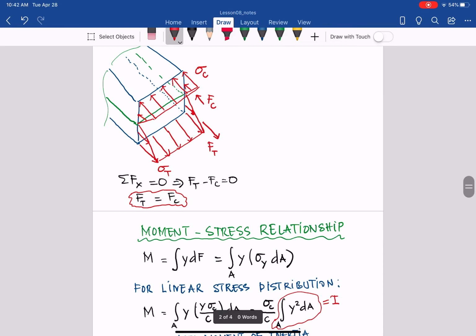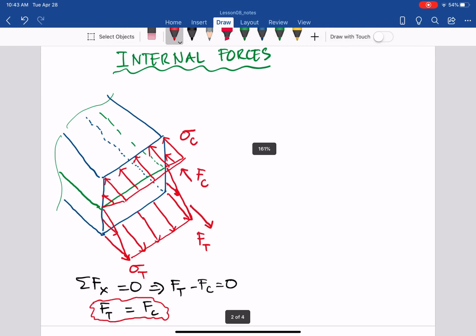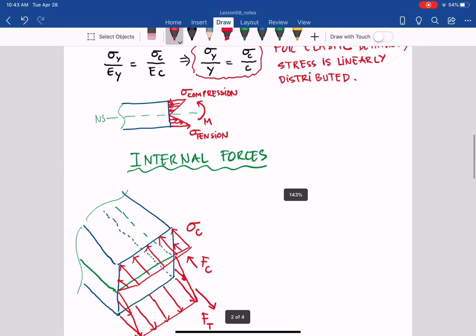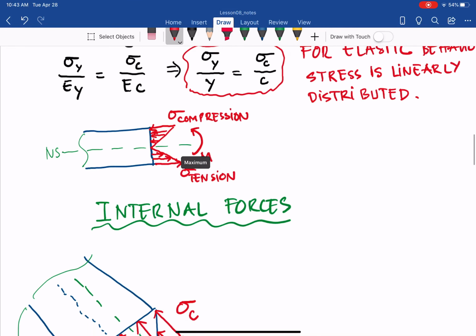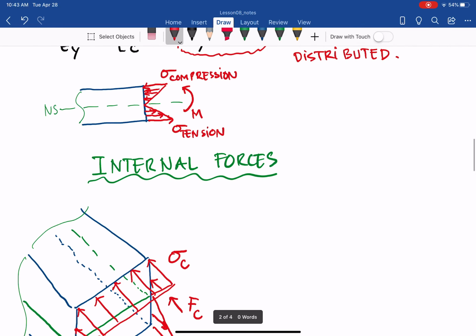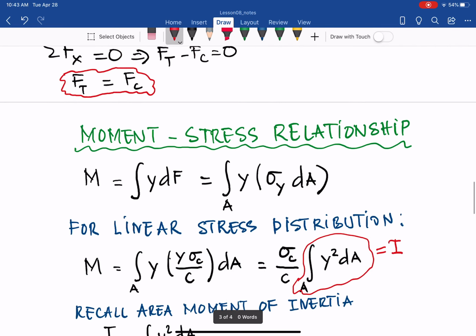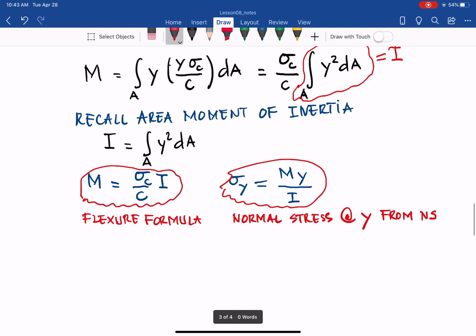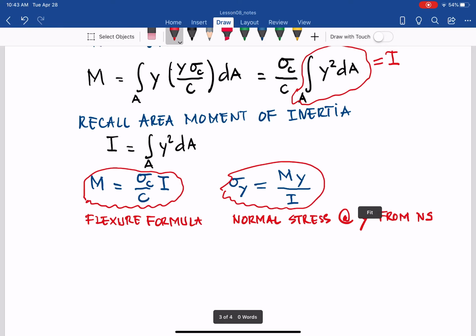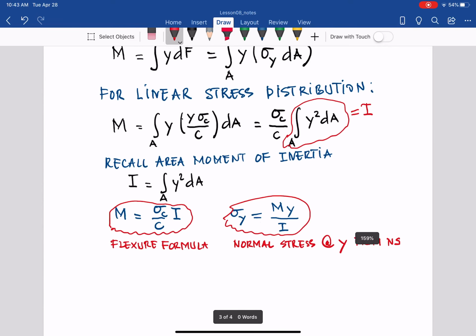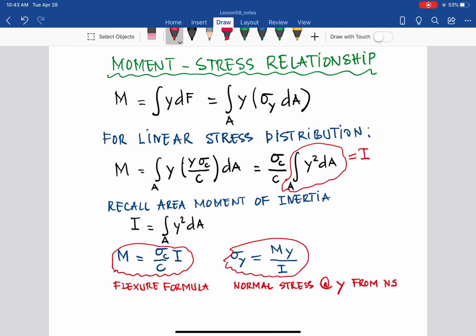You see, the stress at the neutral surface equals 0. If y is at its maximum, which is c, from the neutral surface to the outermost fiber, then the maximum normal stress is at the outermost fiber, either top or bottom. Everyone see that? So that is what we call the moment and stress relationship.